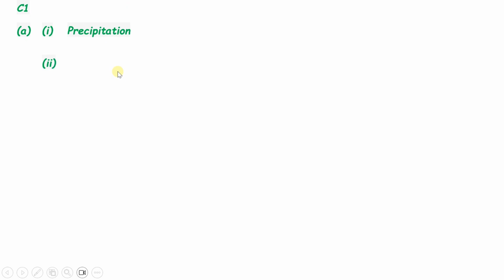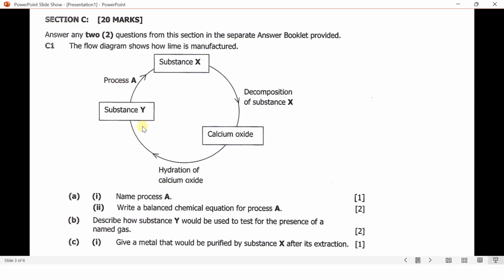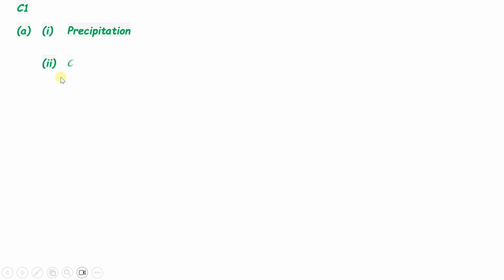Then we come to part 2. Here they are saying write a balanced chemical equation for the process. This process, precipitation, is coming from calcium hydroxide to calcium carbonate. So here it will be like this. Calcium hydroxide plus carbon dioxide gives us calcium carbonate. So this is a balanced chemical equation.